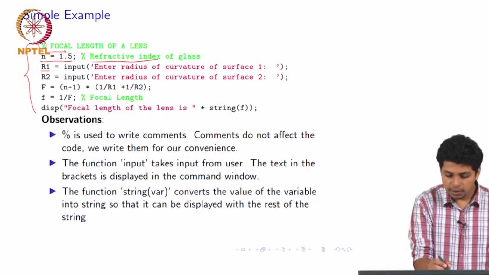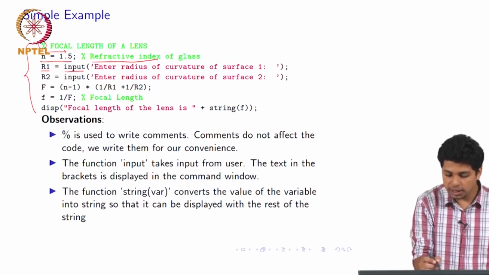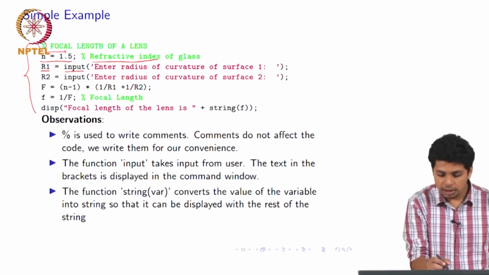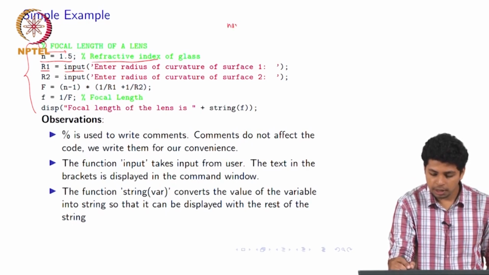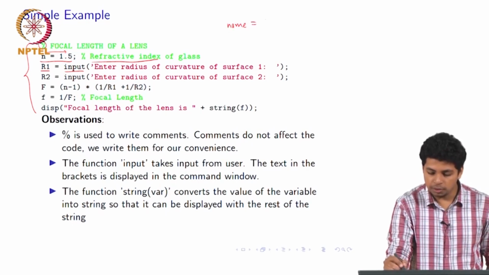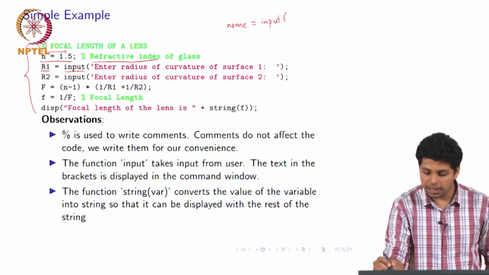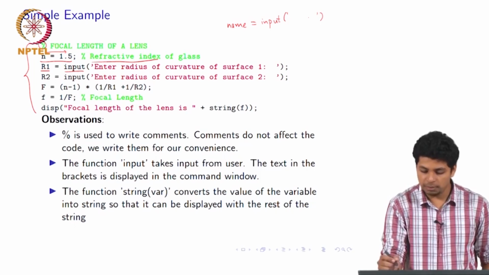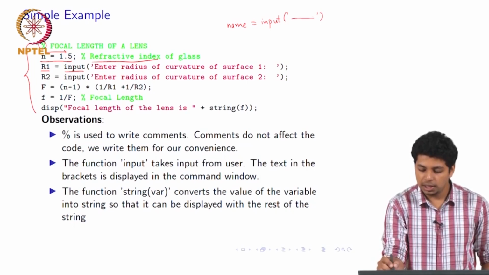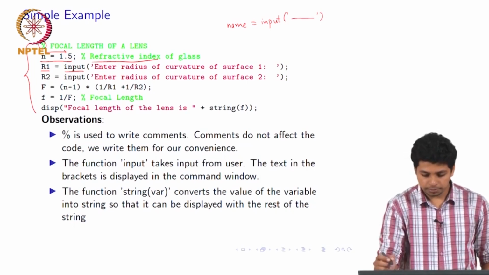The function input is used to take an input from the user. The syntax that we use is the variable name, any variable name, equal to input, and then in brackets, if we want to display any text in the command window so that we know what the variable is supposed to be, we put this text in inverted commas within the bracket.